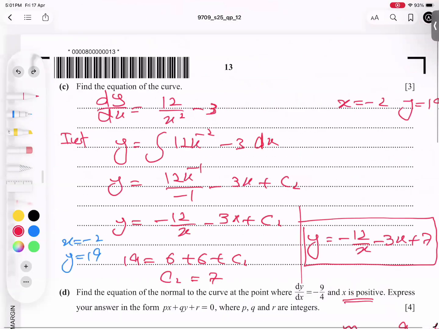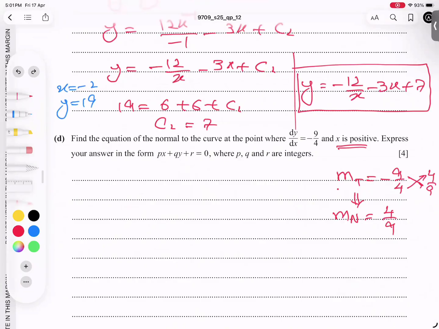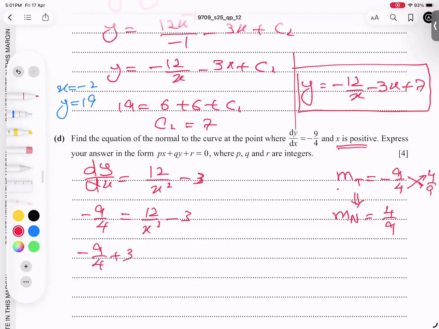So we have to look at this point carefully. This expression is very important here, and I'm using this expression. By default, m is dy over dx. So this value I'm going to replace here, and I'm going to find the x value. So this goes on the other side: negative 9 over 4 plus 3.